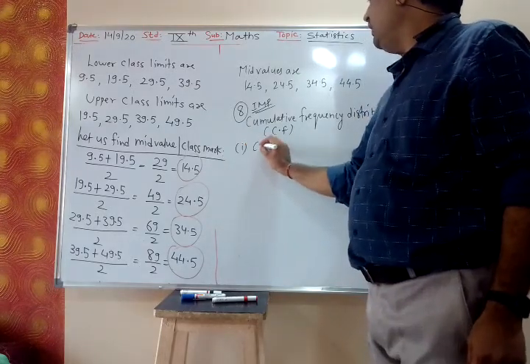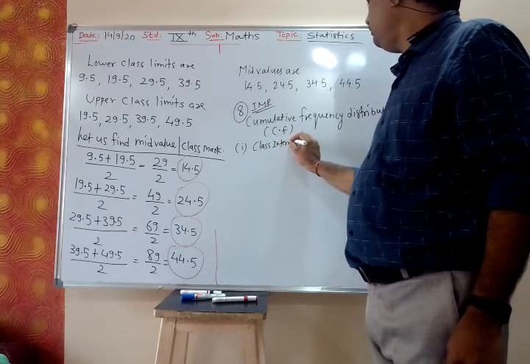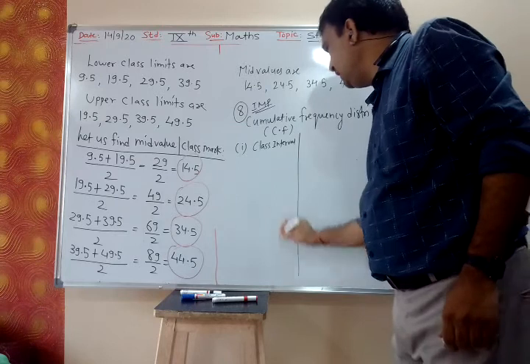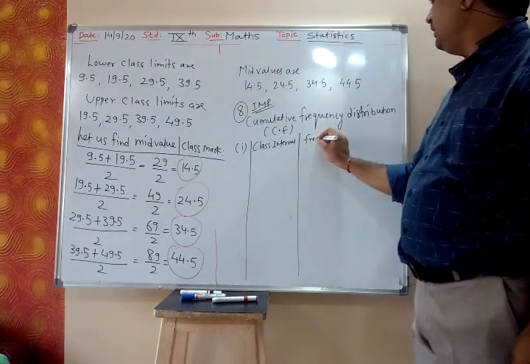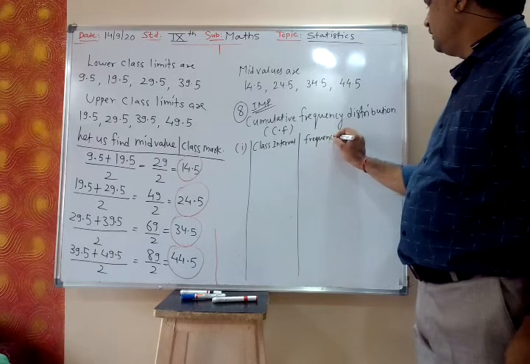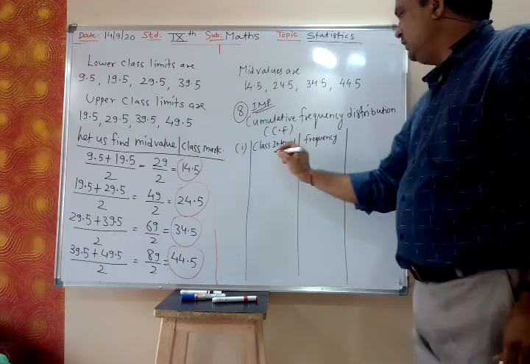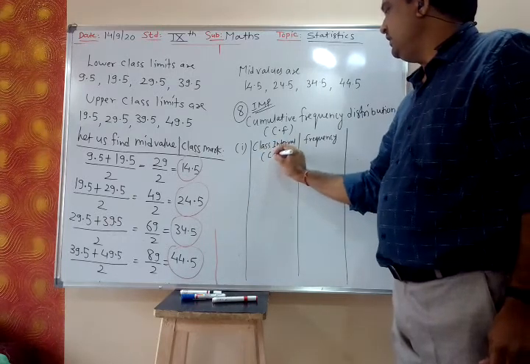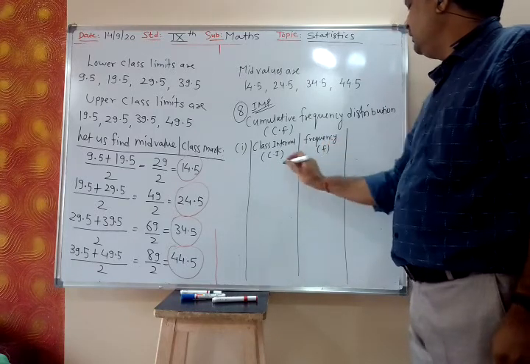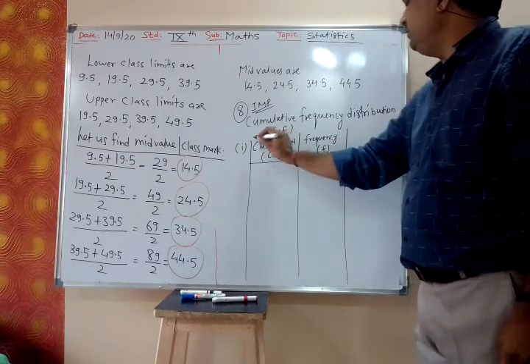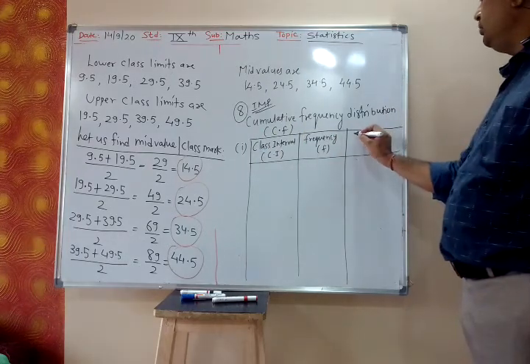Class interval, we write CI, and frequency we write F. Now we want to find cumulative frequency, so we add one more column, that is cumulative frequency.